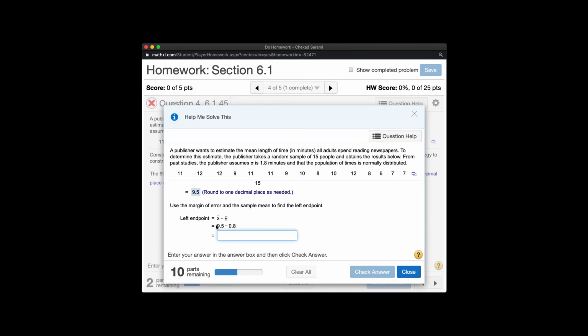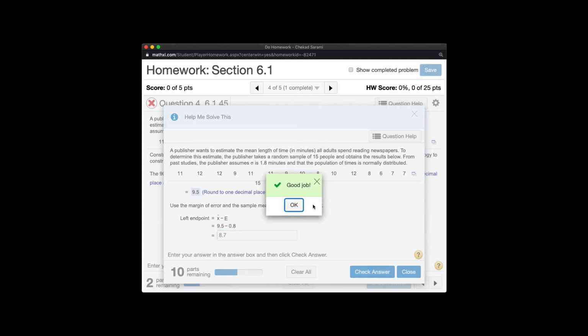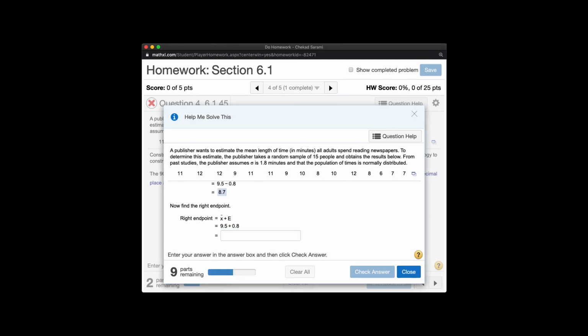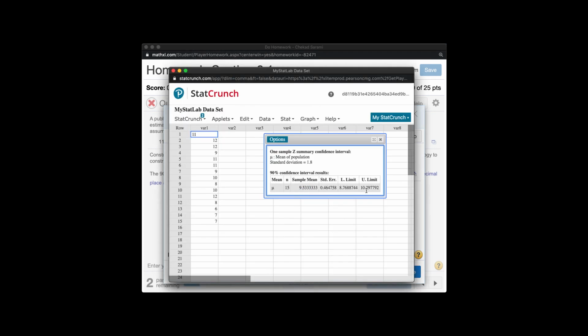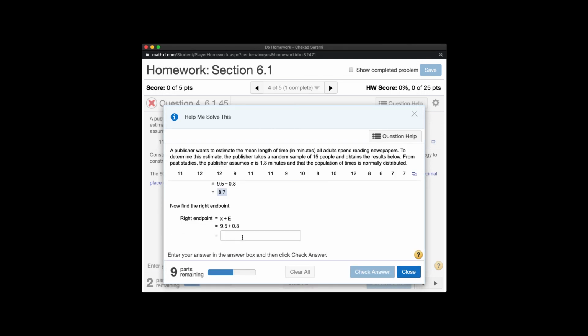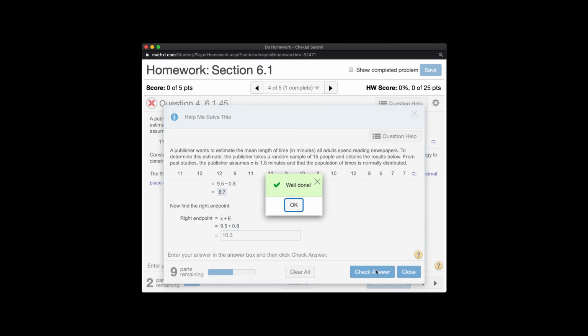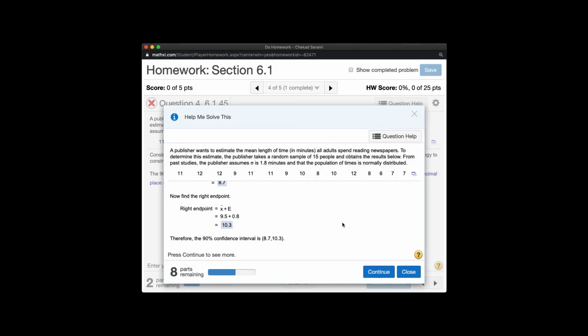Now subtract 0.8 from that and you get 8.7. Right? So 8.7 is actually recorded here, and the other one is 10.2, actually 10.3, up to 1 decimal place. So as you see, the results are correct.